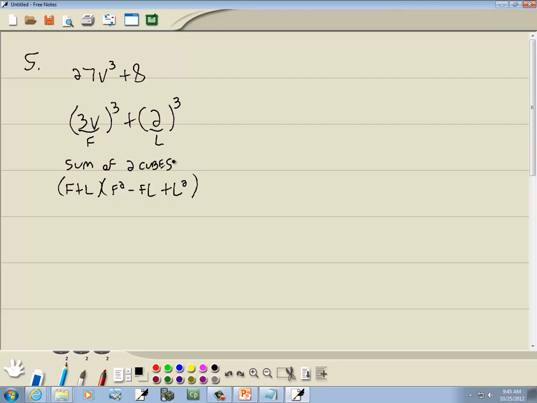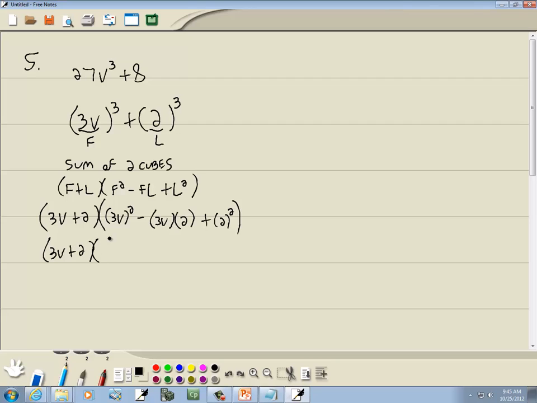And here, wherever you have an F, you plug in 3v, and wherever you have an L, you plug in 2. So we're going to have 3v plus 2, and here we'll have 3v squared minus 3v times 2 plus 2 squared. So again, everywhere I have an F, I plug in 3v, and everywhere I have an L, I plug in 2.